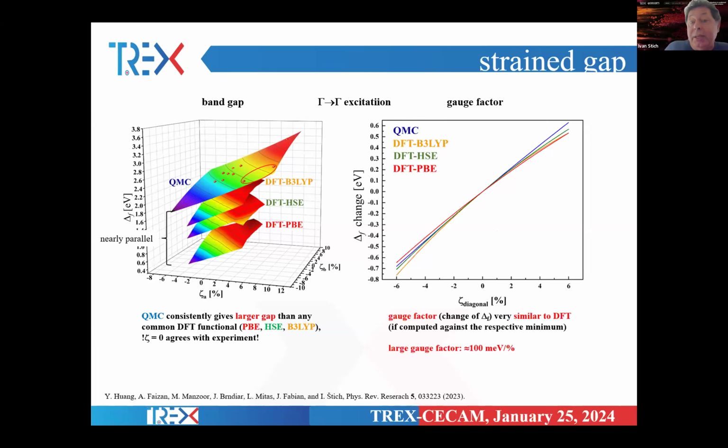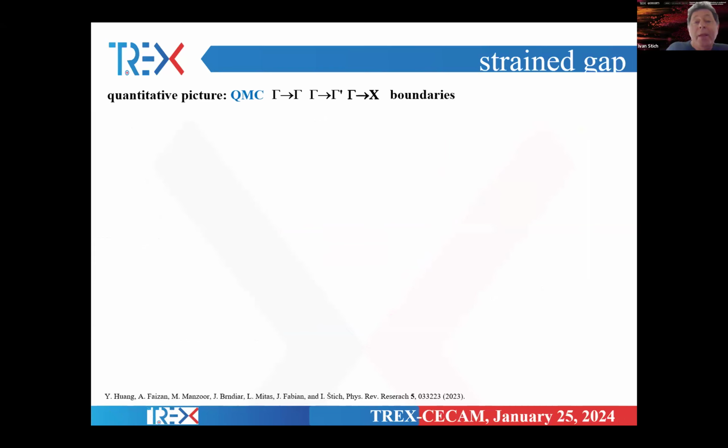And the gauge factor is huge. It's roughly 100 milli-electron volt per percent, which is comparable to MoS2, which is regarded as the straintronic reference here.